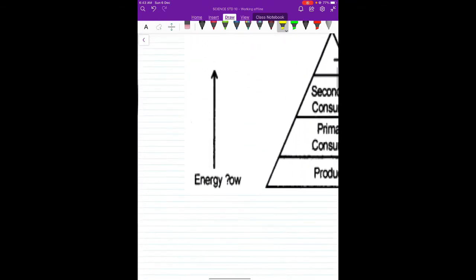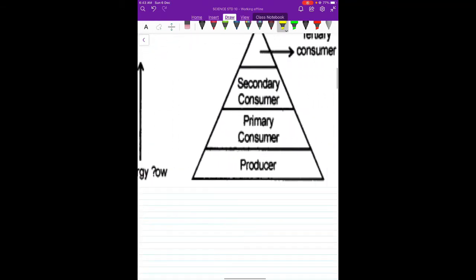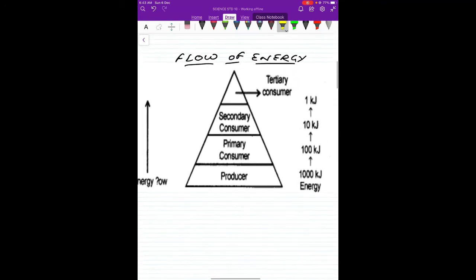We can see one example here of how things work. This is the flow of energy. If you can see, this is an example. This is the producer plant. Supposing it had 1000 kilojoules of energy. Now it is eaten by the primary consumer, in which 10% is transferred.